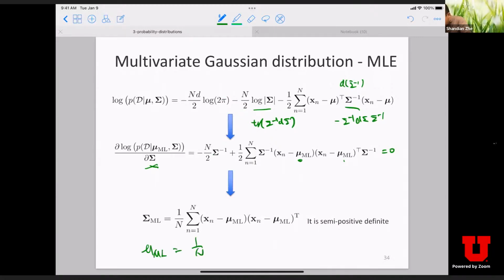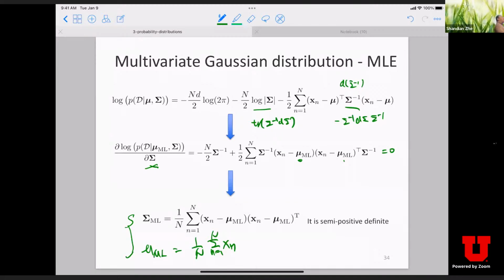The mu ml is the average of the training inputs xn, and the sigma ml is the average of this outer product. Both mu ml and sigma ml are functions of the observations x1 to big N, and those x1 to big N are random variables. So that means your estimates themselves are also random variables.